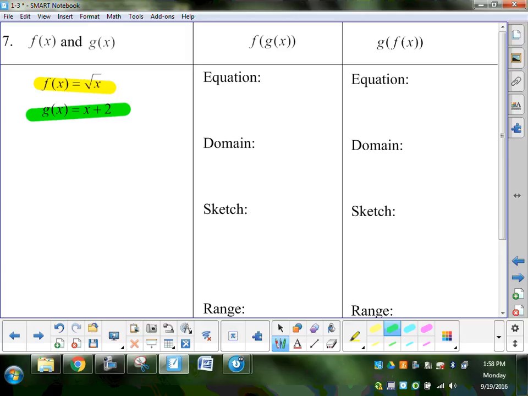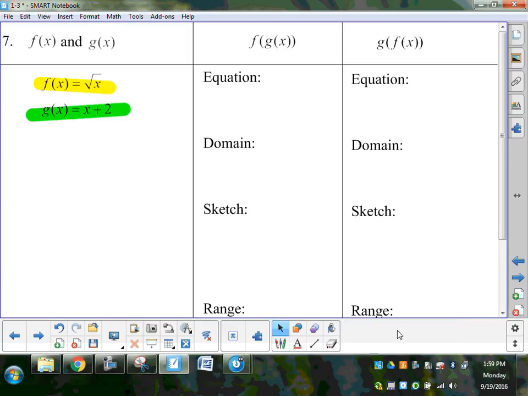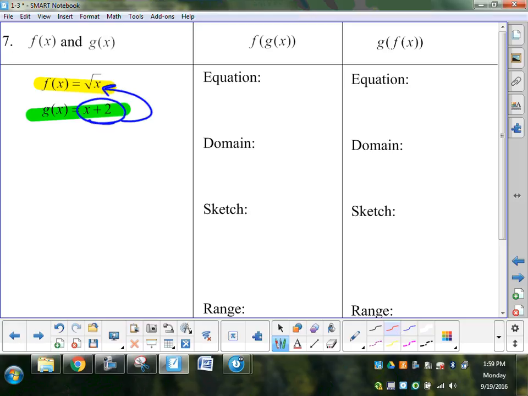If I take f of g of x, Olivia C., which one is getting inserted into the other? Is the g going into the f, or is the f going into the g? Okay, so what's it going to look like if I take the g and insert it into the f? What expression would I have?